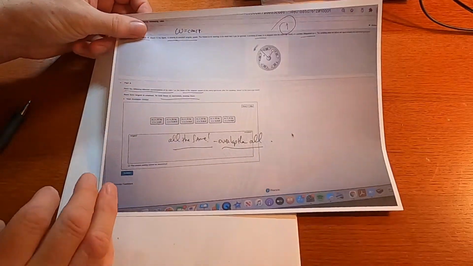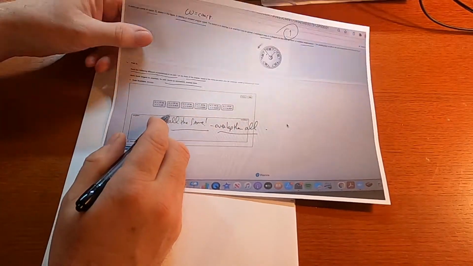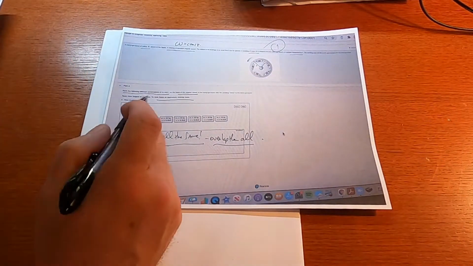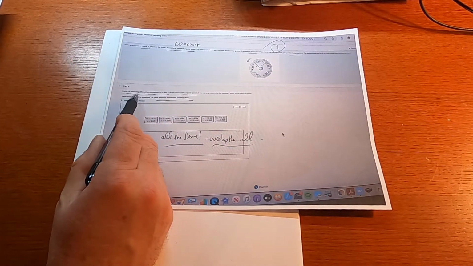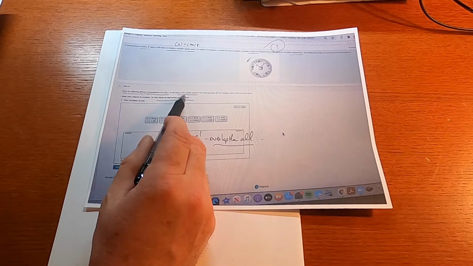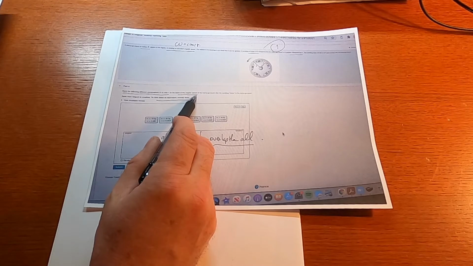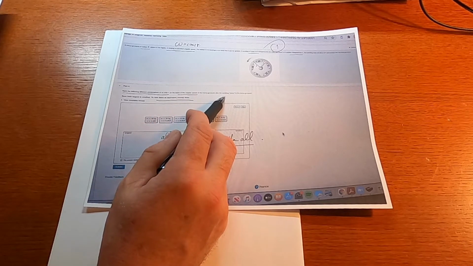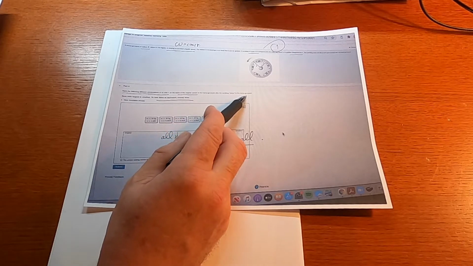Okay, today we have a problem. It says here, rank the following different combinations of M and R on the basis of the angular speed of the merry-go-round after the sandbag sticks to the merry-go-round.